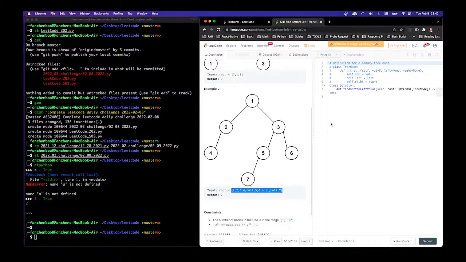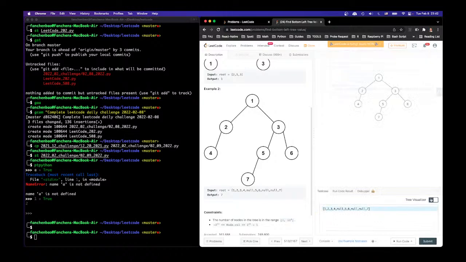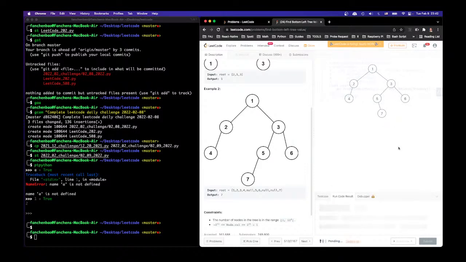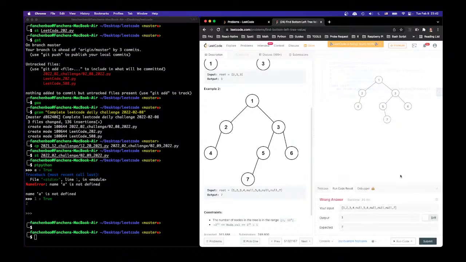Yeah, we can actually double check on this. We can check on this by doing this. But we have a tree visualizer. So what we want is 5. Hold on, 3 and 4. No, 5, 6. No, 7, right? Yeah. So if we run this, it should still return a 7.